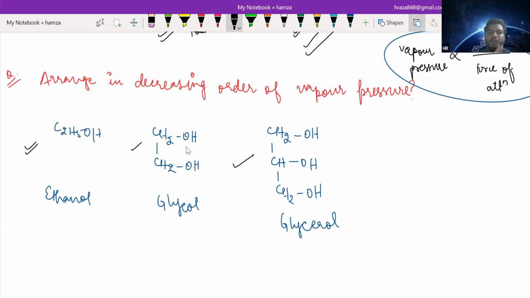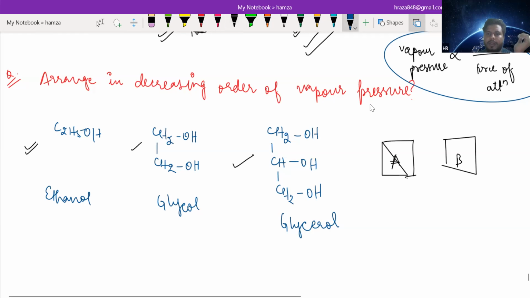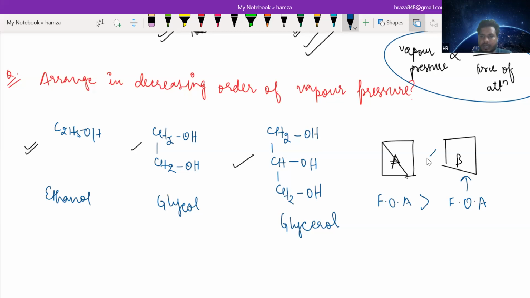Oh, see, force of attraction means force of attraction between molecules. If you are comparing A and B, and the force of attraction is greater in the molecules present in A than in B, then vapor pressure is greater in B. Are you getting my point?